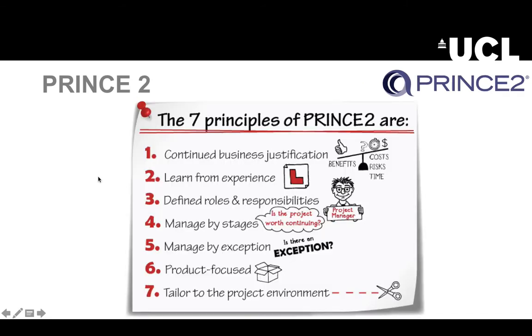And here you have these 7 principles of PRINCE2, which are continued business justification, learn from experience, define correctly the roles and responsibilities, manage by stages, manage by exception, product focus, and maybe the most important one, to tailor the methodology to the project environment.